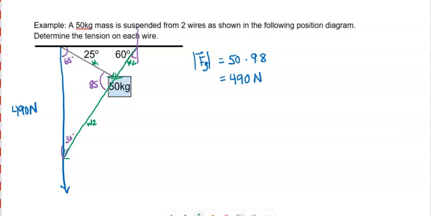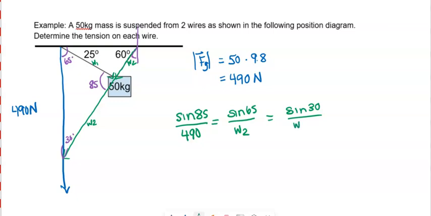Okay, so now in this case, instead of using cosine law, I'm actually going to use sine law. So sine of 85 over 490 is the ratio that I know. And that's equal to sine of 65 over the force of wire 2 and sine of 30 over the force of wire 1.